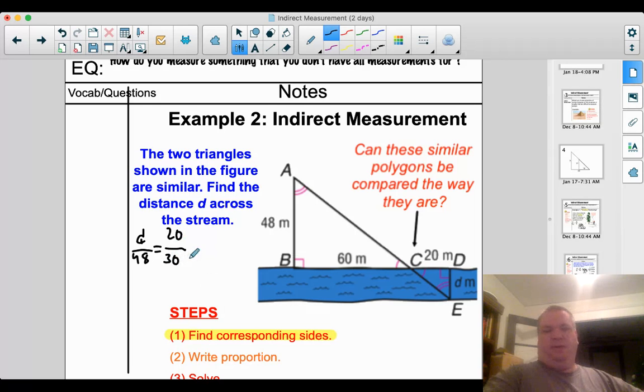All right, now let's solve this. I can do 30 times D equals 20 times 48, which is 960. Divide both sides by 30, and I get D equals 32. So I know it's 32 meters across the river in that case.